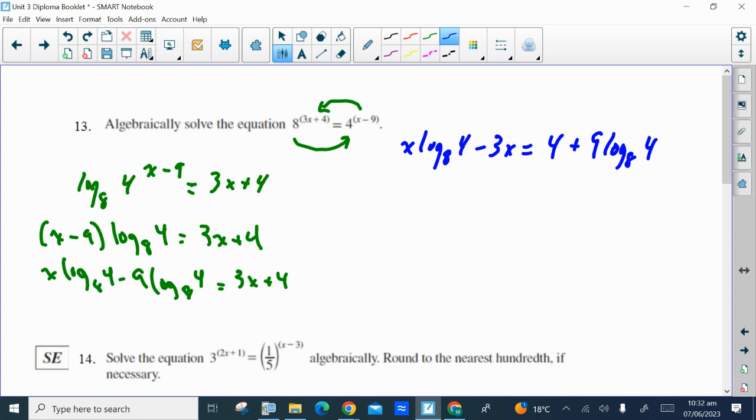You know what? I'm sorry, guys. This is going to work, but we also could have done this by making the bases the same. So I'll go back and do that. It'll be a little bit easier, but this will work as well. It'll just take a little bit longer.